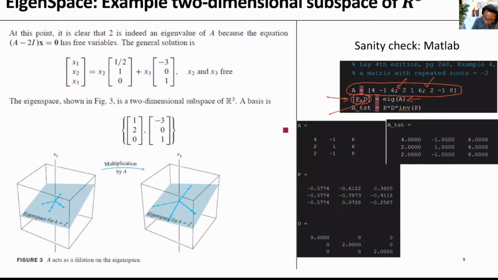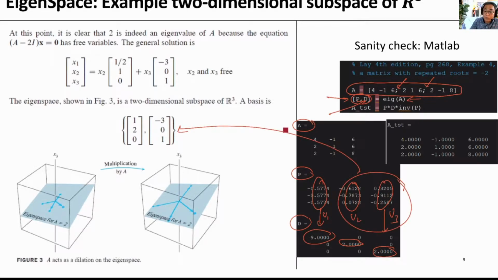So we have A here, and we have P here, and we have D here. So we see that 9 is an eigenvalue, and 2 is repeated twice. And what about the eigenvectors? So this is V1, this is V2, this is V3. Okay, and then if you compare V2 and V3 to this guy, they don't look the same.